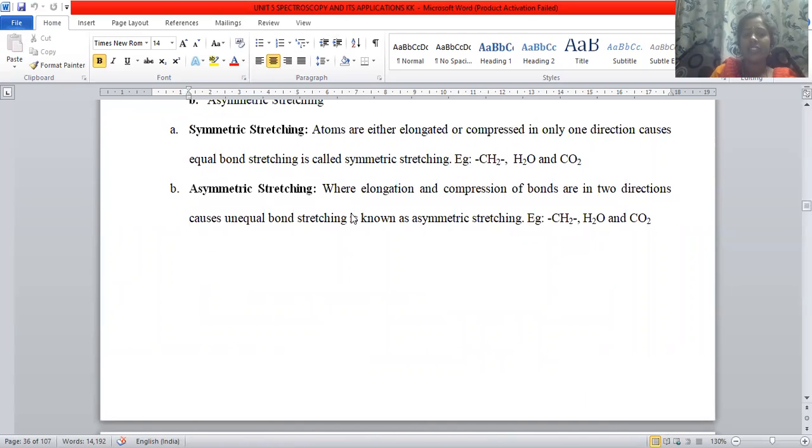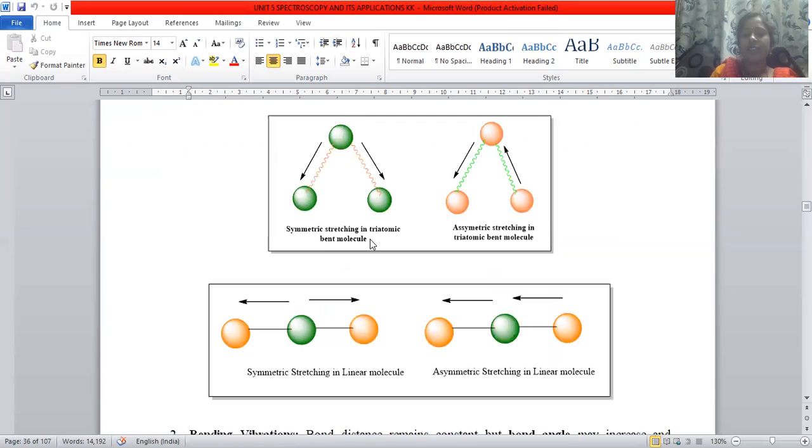Whereas asymmetric stretching stands for elongating and compressing in opposite directions. One bond is dragged outside, the second is pulled inside. If such a transition is possible, an uneven type of stretching is observed.